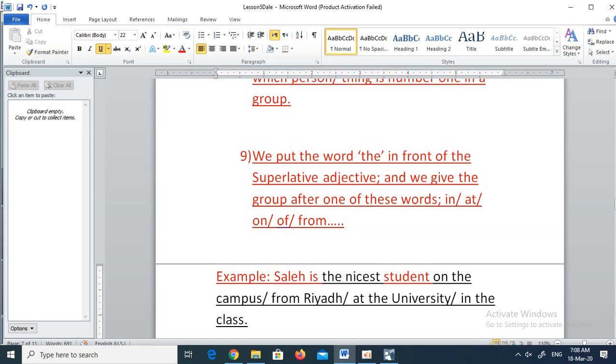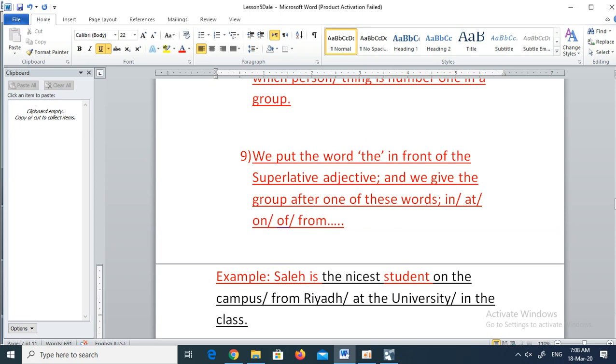So if we look at an example of how you use the superlative adjective. We will say Sally is the nicest student. Nicest is the superlative degree of the adjective nice. If we are going to say she is nicest, then we will usually put the in front.